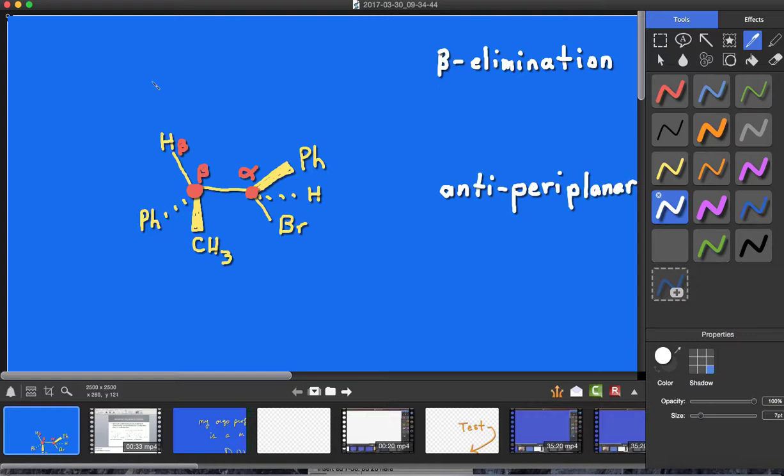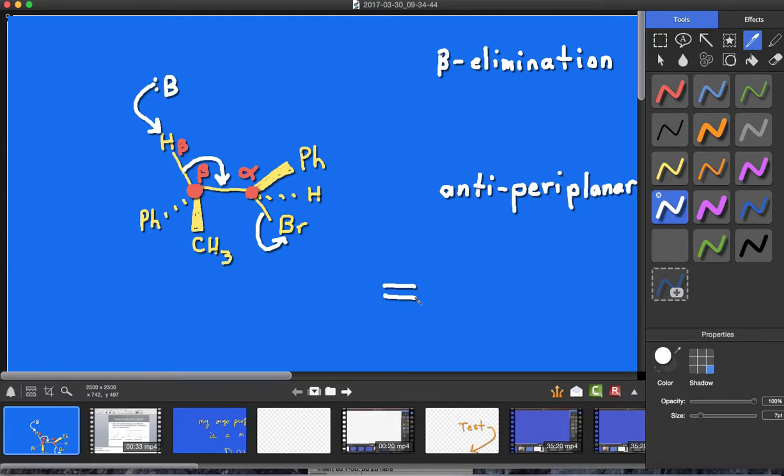So in the E2 elimination, I will have a sufficiently strong base, and we will have a proton transfer. We will form the pi bond, and the bromide is going to leave. Only one of these two possible geometric isomers, the E alkene and the Z alkene, will be formed with an E2 elimination.